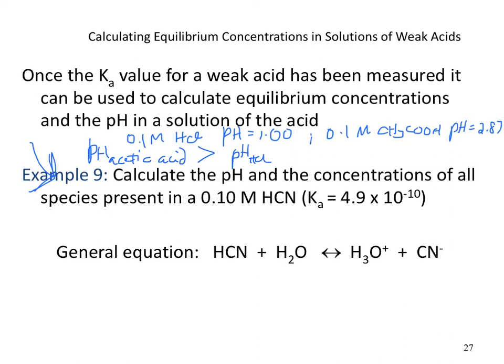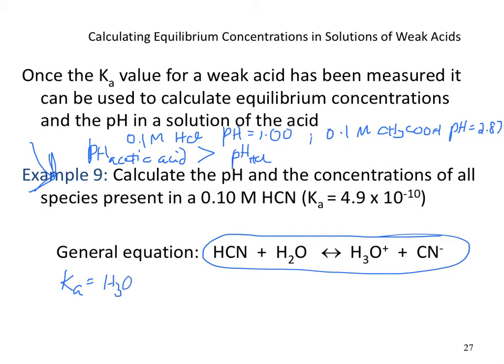Now, Ka is provided to us. We, of course, have a general equation of ionization that hydrocyanic acid reacts with water to give you hydronium ion and cyanide. So that's my general reaction. And I can say that Ka is hydronium ion times cyanide divided by HCN. And the numerical value has been provided to us.